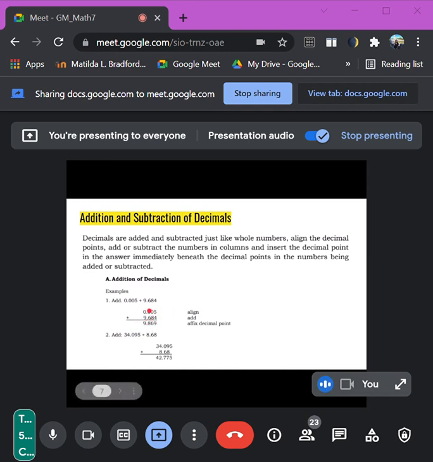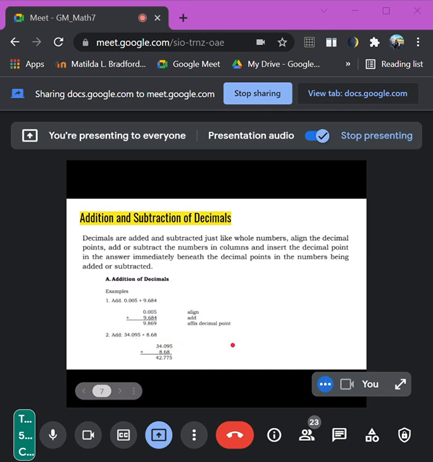As you can see, our decimal points are aligned. And then you're just going to add right away. So you have there 5 plus 4, 9, 0 plus 8, that is 8. Then 0 plus 6, that is 6. Then 0 plus 9, that is 9. Then bring down your decimal point. Then that's it. It was a typo class, that is 9.689.